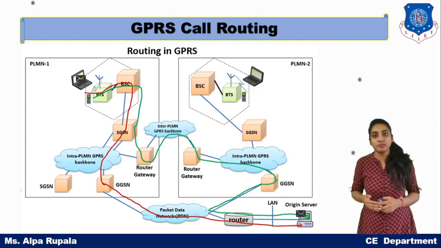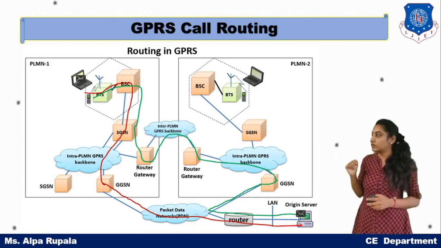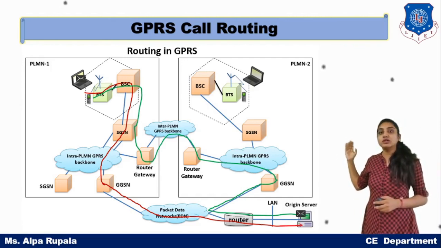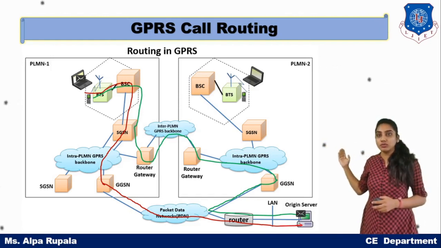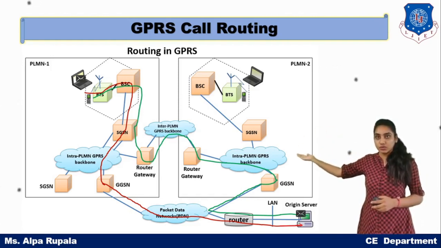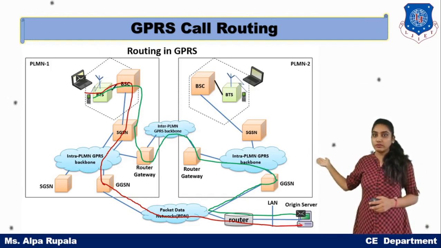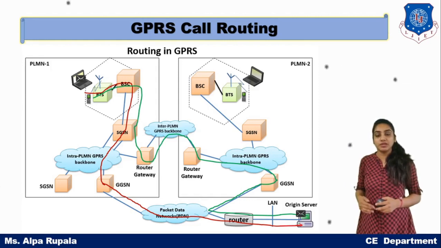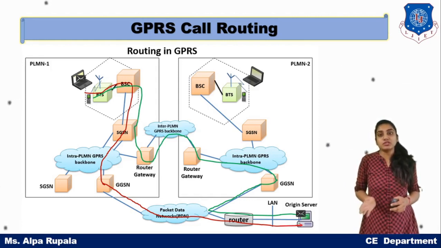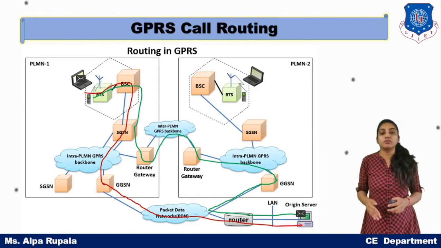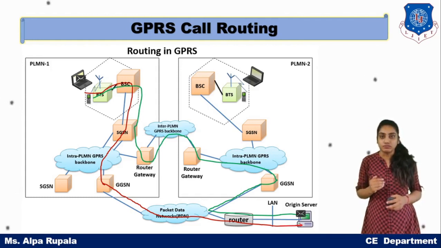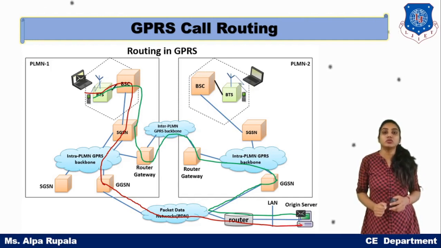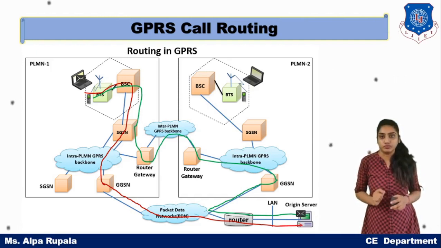Now what is your home PLMN network? In our example, our home PLMN network is PLMN2, but our mobile node is roaming in PLMN1. So the prefix address of our node will be of PLMN2 only. So the response will firstly be given to PLMN2.